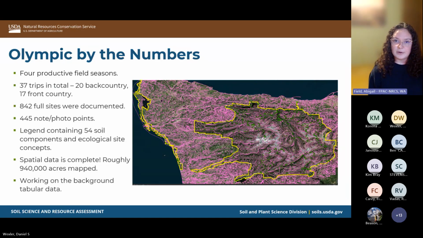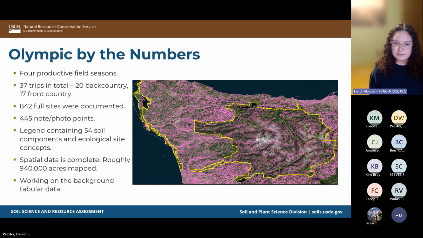So Olympic by the numbers, kind of where we're at the moment. We've had four productive field seasons with 37 trips in total. It has been an amazing project to be a part of. We've documented about 850 full sites, including a full soil pit and vegetation documentation.